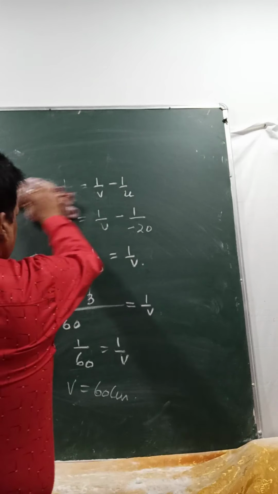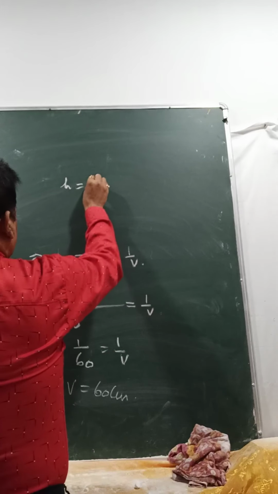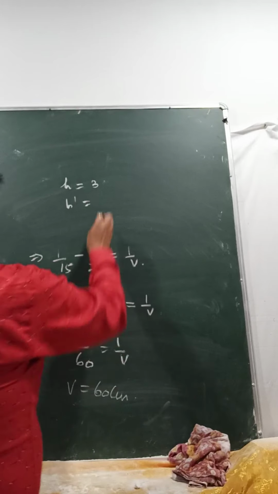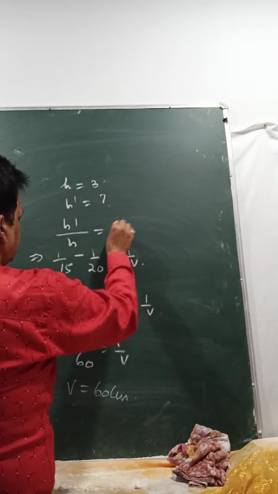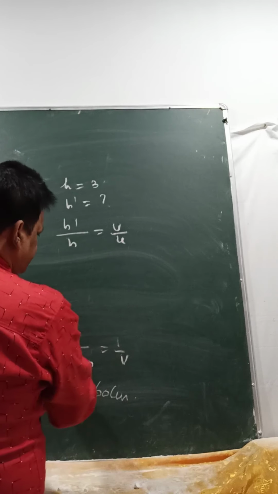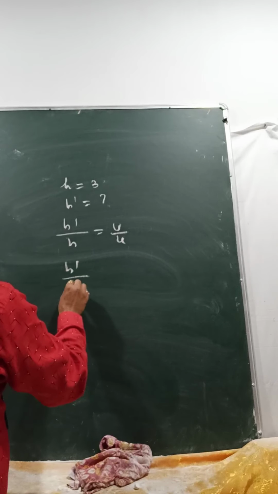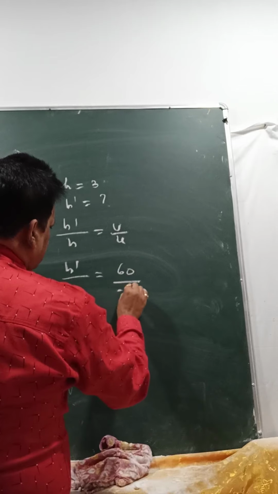So now magnification, h is given as 3, h dash we don't know. So h dash by h equals v by u. This is the formula. Let's put it. So h dash by h is 3 equals v, 60, by minus 20.